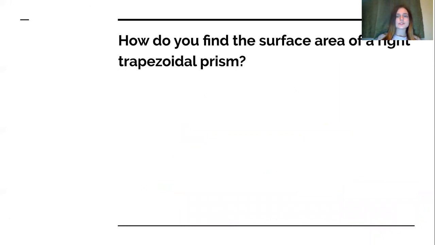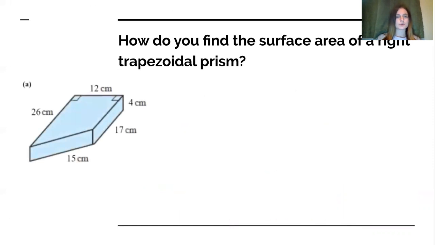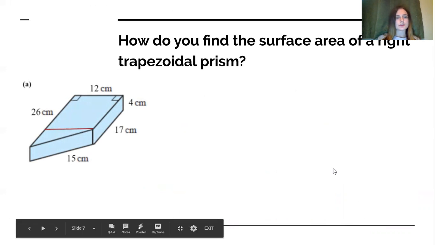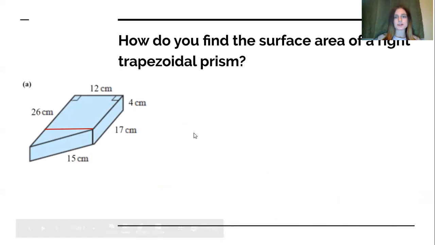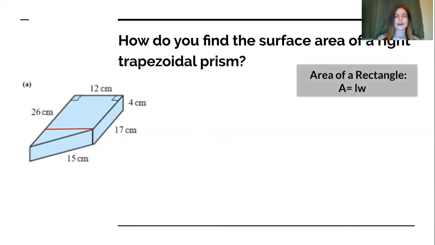How do you find the surface area of a right trapezoidal prism? So here's our trapezoidal prism. And as you see in our prism, we have a rectangle and a triangle in our shape. So we need to know the formula for the area of a rectangle and a triangle. So the area of a rectangle formula is area equals length times width.